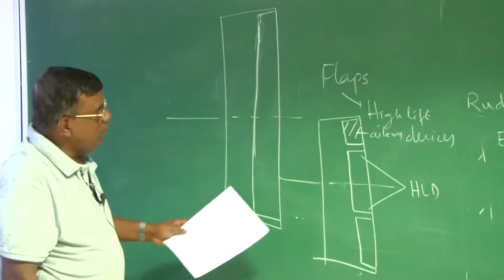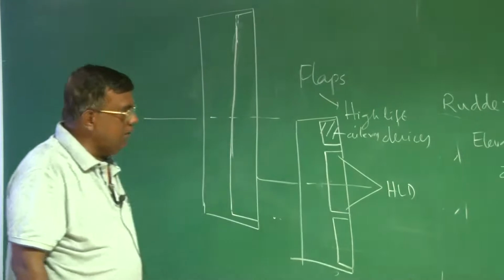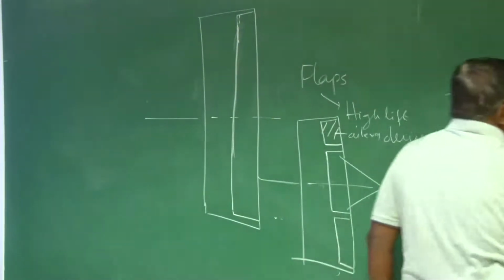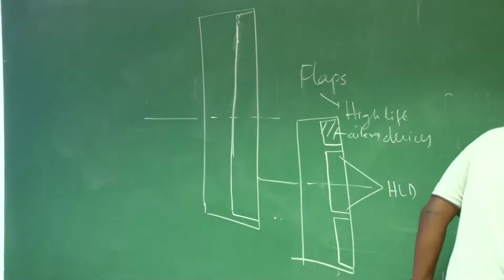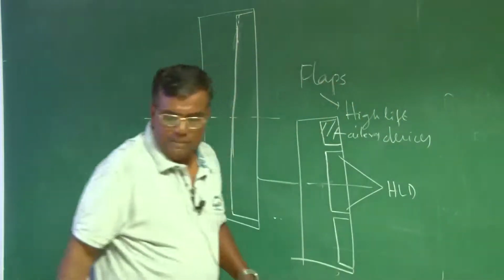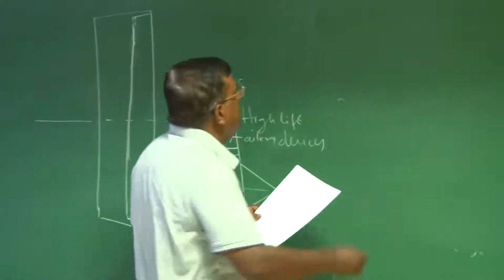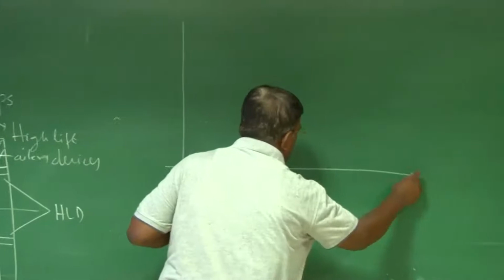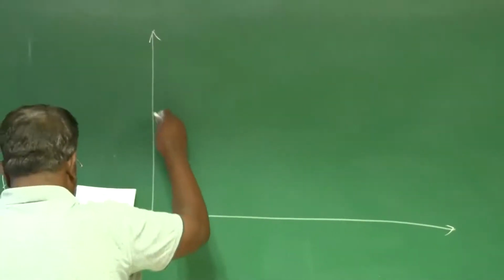The question is, how do I decide at a conceptual stage the aileron size? You can use historical trend, again from Raymer. I will be giving you some numbers for a typical airplane, you will realize then.